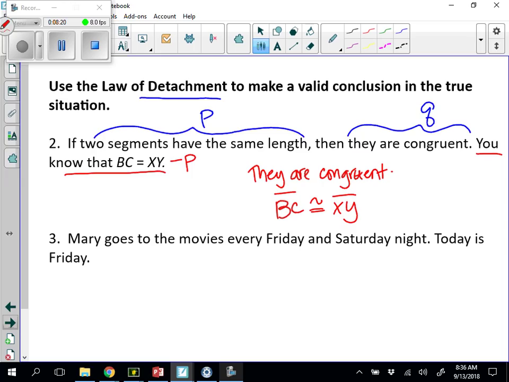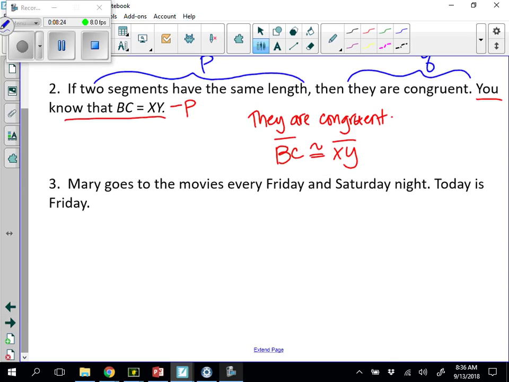Okay, so let's look at the next one. Mary goes to the movies every Friday and Saturday night. Today is Friday. So I want to actually rewrite this sentence in the form of an if-then. Mary goes to the movies every Friday and Saturday night. So my if-then statement, actually, being Friday or Saturday night is my hypothesis here.